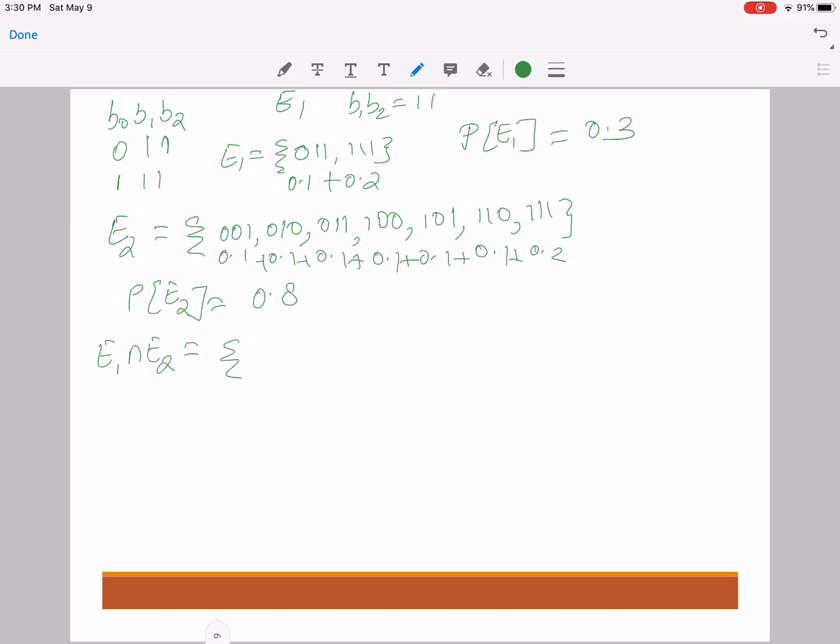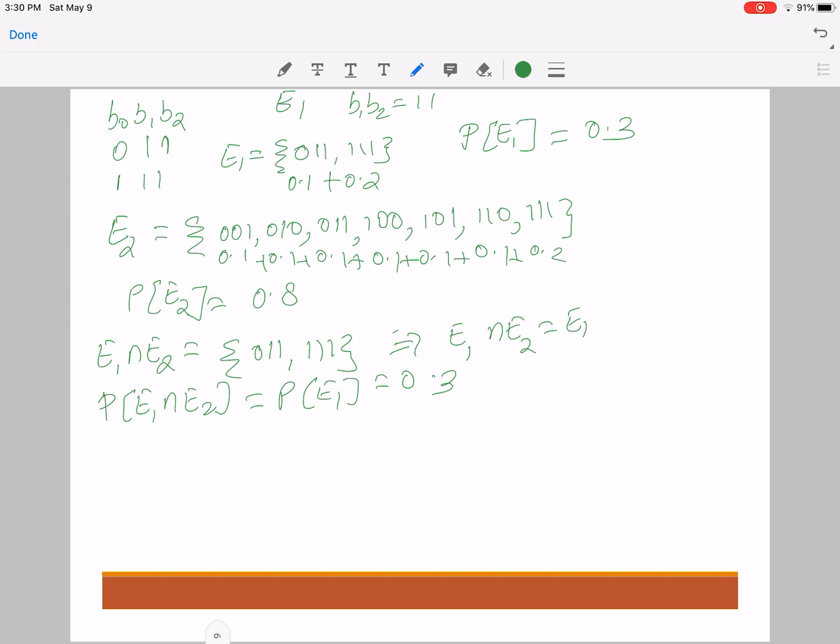Here, I can see that the items common to both E1 and E2 are 0, 1, 1 and 1, 1, 1. Essentially, it tells you that E1 is entirely contained in the event E2. So in fact, E1 intersection E2 is equal to E1. So probability of E1 intersection E2 is equal to probability of E1, which is equal to 0.3 again.